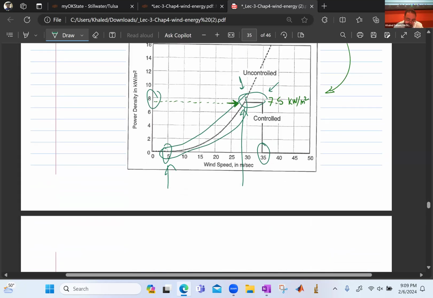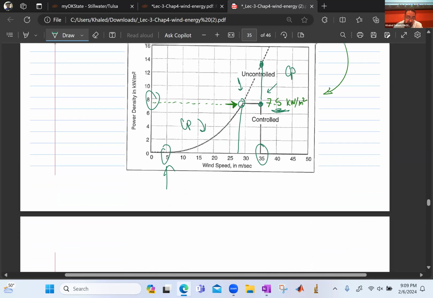So until you hit the rated power, you're going to run with the maximum CP ideally. And to finish here at that number, although there is a lot of wind energy available, you have to cap your CP. How much is that CP at that number? It's the output divided by the input.